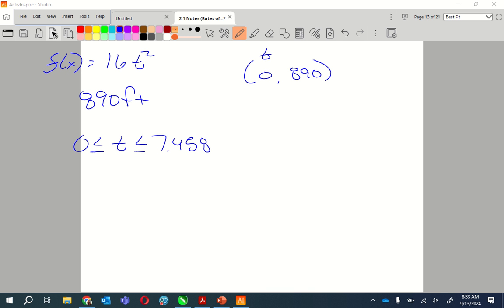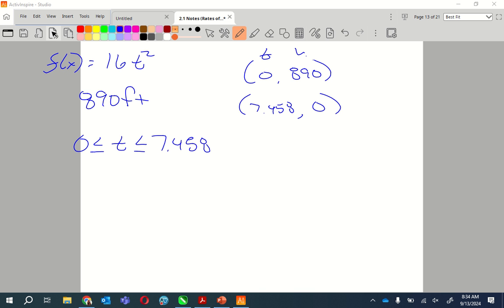This is t, and this is height. Next one. According to this, 7.458 seconds. What's my height? 0, right? Because it's falling, it's going to hit 0. Yeah? So far? Okay, good.